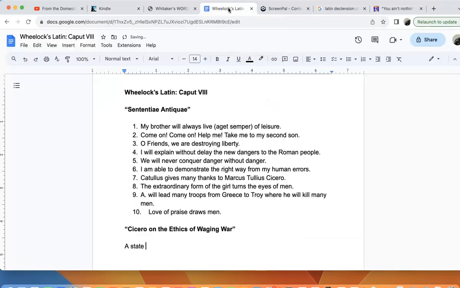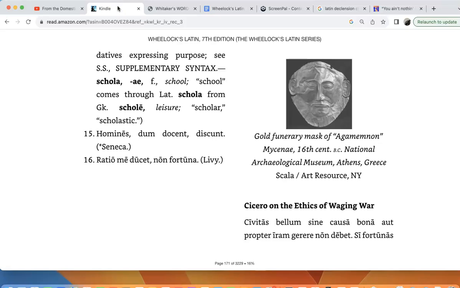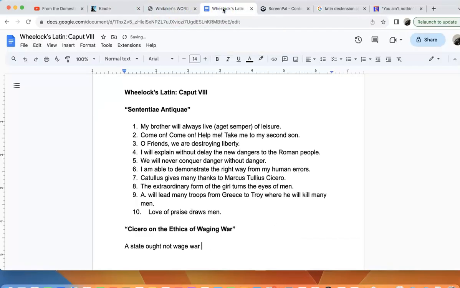So a state ought not or should not wage war, for, let's see, without good cause. So I'm going to try to follow the grammar a little bit more closely. A state ought not to wage war without good cause or on account of anger.